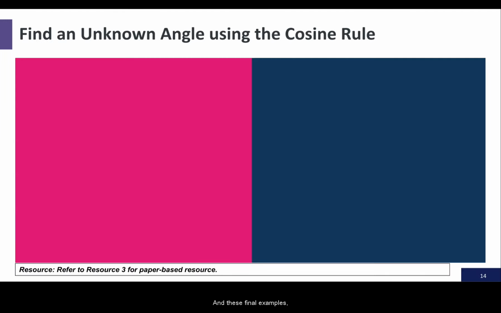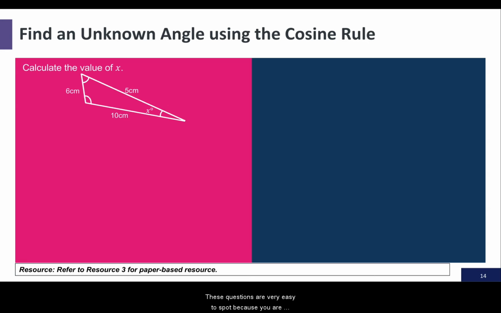In these final examples, we're going to be finding an unknown angle using the cosine rule. These questions are very easy to spot because you are given all 3 sides and you are asked to calculate an angle.